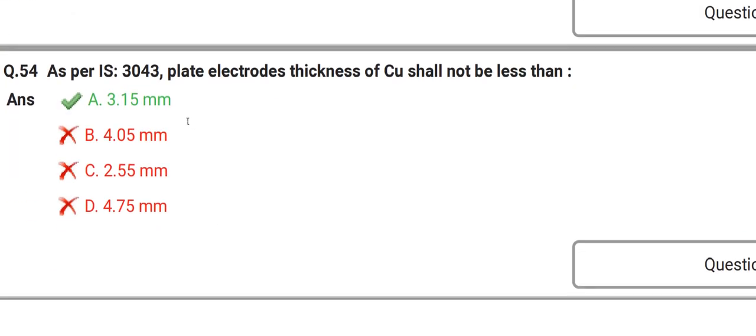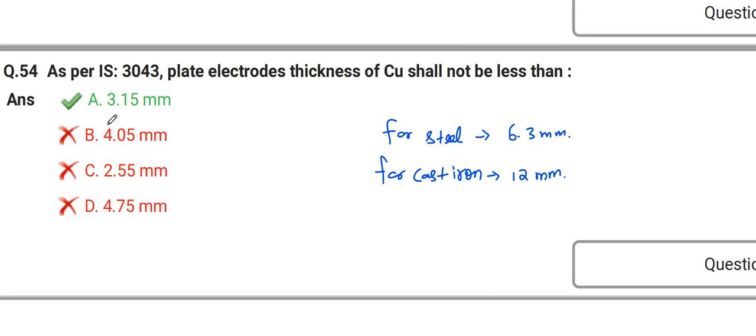As per Indian Standard 3043, plate electrode thickness of copper shall not be less than what? Answer is 3.15 mm. For steel, the plate electrode thickness should not be less than 6.3 mm. You have to remember this for the further papers. For cast iron, it should not be less than 12 mm.